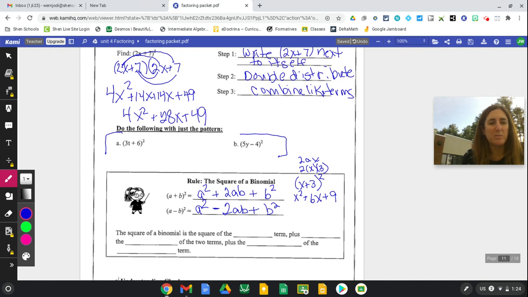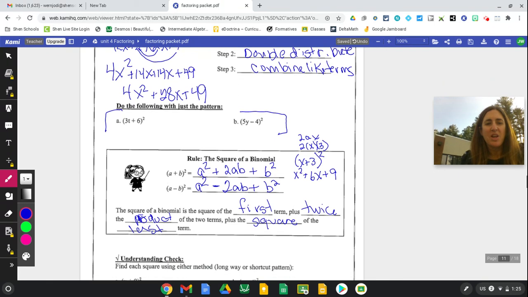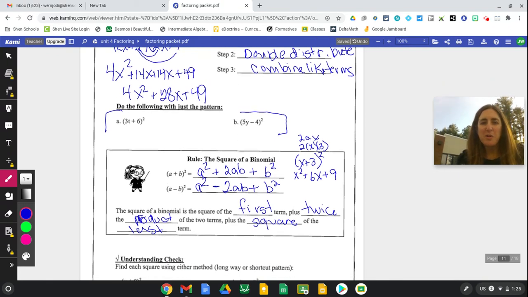The square of the binomial is the square of the first term plus twice the first and the back term, their product is what shows up next. That's product plus the square of the last term. So you take your last term and you square that. Super fun looking at patterns with binomials.